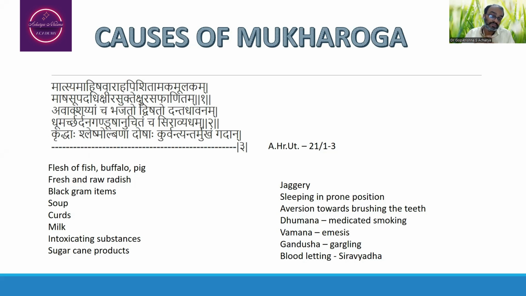Amaka Mulakam, that is fresh or raw Mulaka, or radish. Masha Supa Dadhikshira. Masha Supa, that is black gram items, or sometimes soup, that is the consumption. Dadhi, that is curd intake. Shira, that is milk and milk products. Shukta, that is intoxicating substances, or what we can say Madhya.